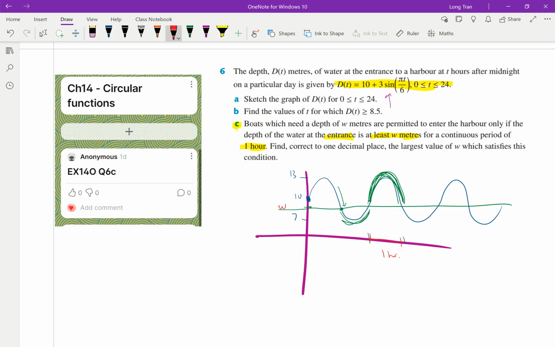Now, the best way to calculate it is this: to ensure it's at least that value continuously for 1 hour, that means at this maximum peak, we're looking for when it's 30 minutes on the right and 30 minutes on the left, because that will ensure there will be a continuous period where it is above a certain value.